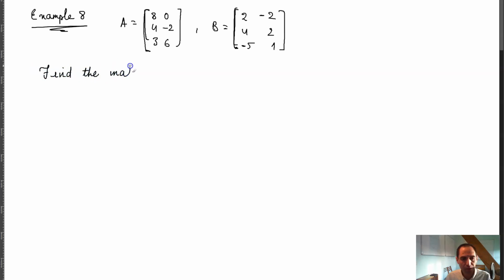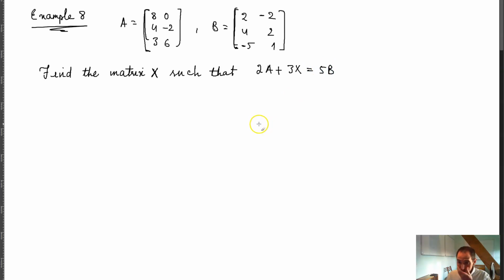Then you find the matrix X. Find the matrix X such that 2A plus 3X is equal to 5B. Such that 2A plus 3X is equal to 5B.